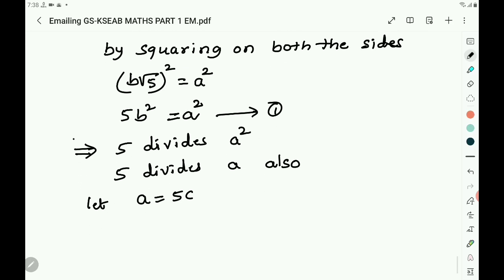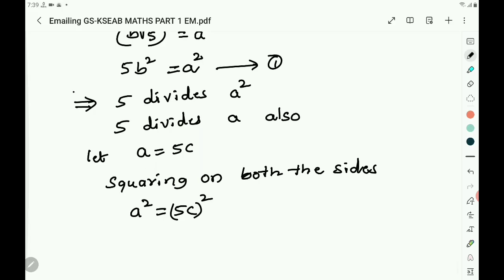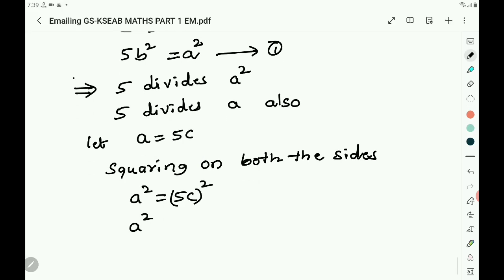Then take the square on both sides, that is a square equals 5c whole square, which is 25c square.